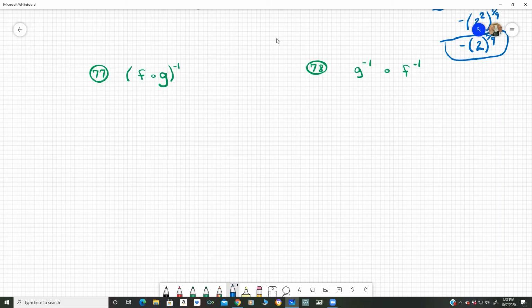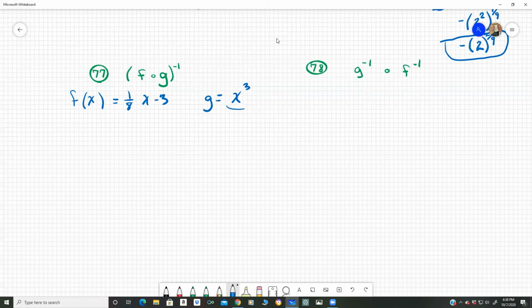So keeping in mind that our f function, no longer dealing with the inverses, we're back at the regular f of x equals 1/8 x minus 3, and our g function is equal to x to the third. So when we see that we have f of g, this part is going to be put in the place of x in the other function.